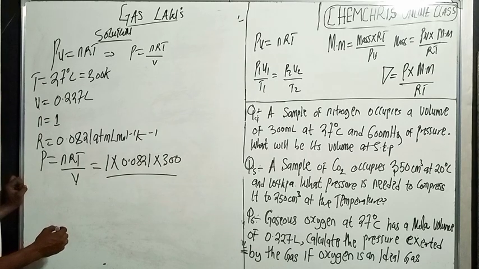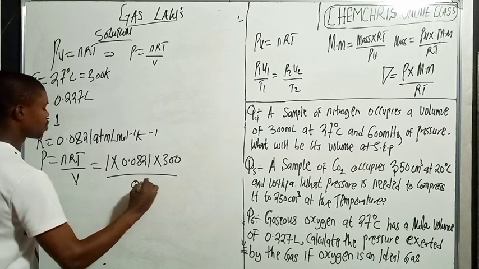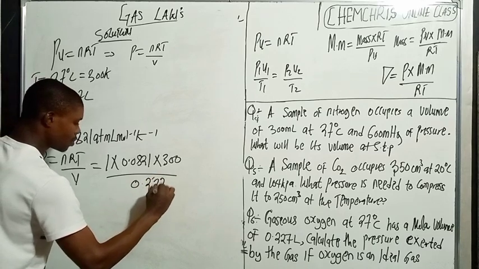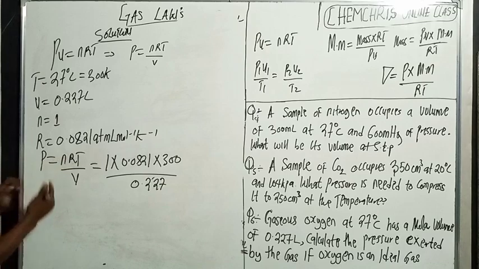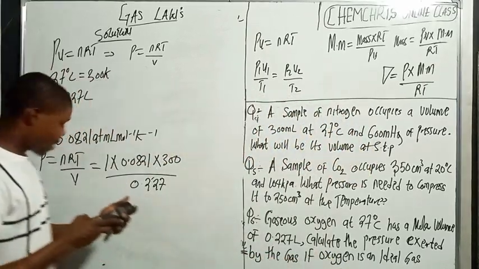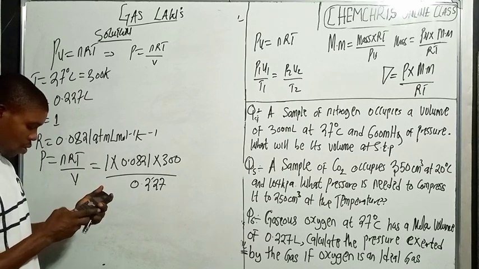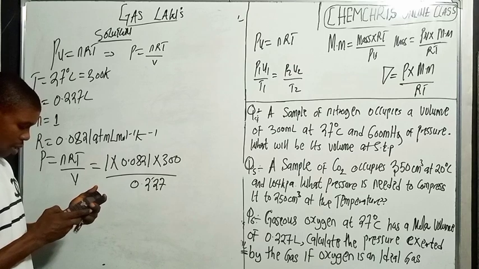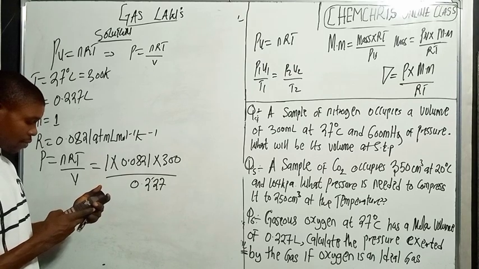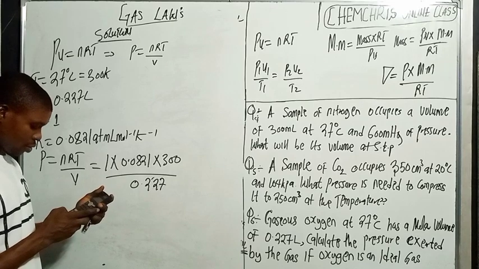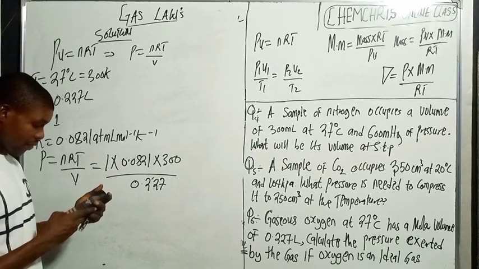My V is 0.227, right? Now let's get our answer. So we have 1 times 0.0821 times 300 divided by 0.227.